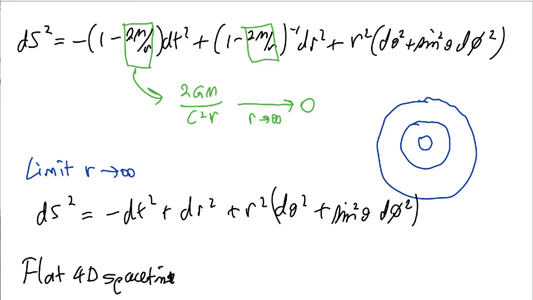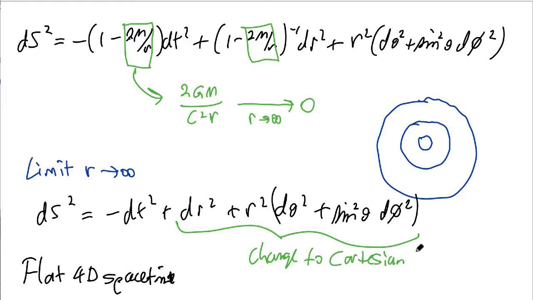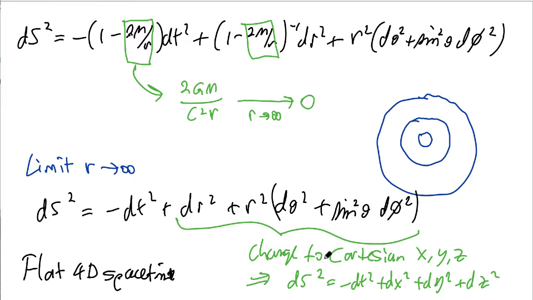So in other words, I could just change this part of the metric from spherical coordinates to Cartesian coordinates, and this would be then the flat 4D spacetime in Minkowski coordinates. So if we change this to xyz, then this metric is minus dt squared plus dx squared plus dy squared plus dz squared. This of course makes sense.